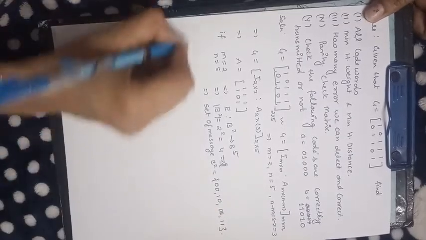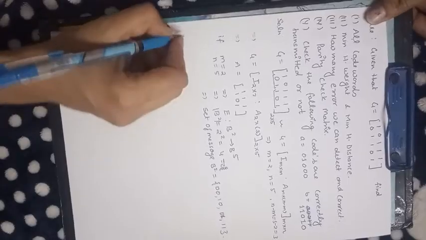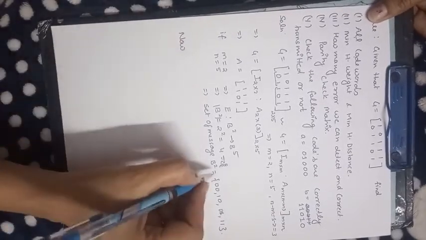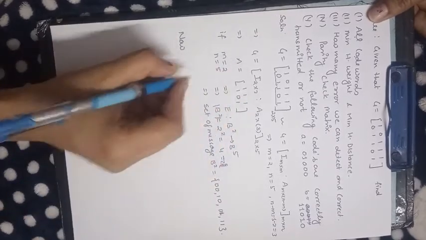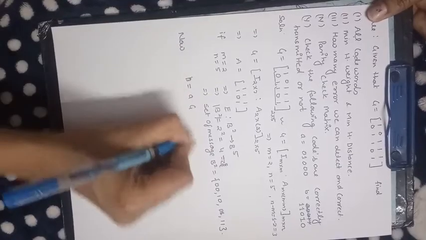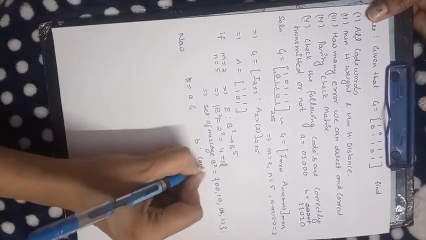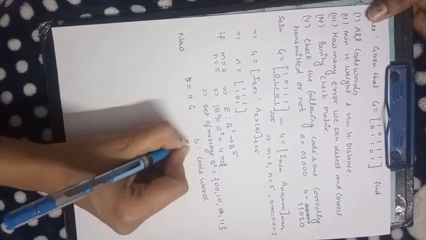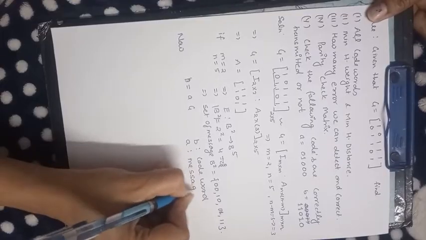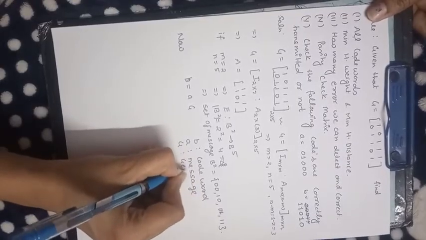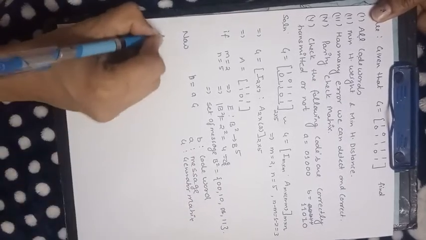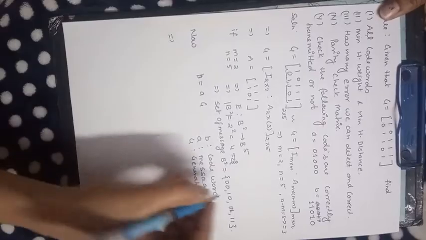Okay, now, as we know, the relation between message, code word and generator matrix is B is equal to A into G, where B is the code word, A is the message, and G is the generator matrix.